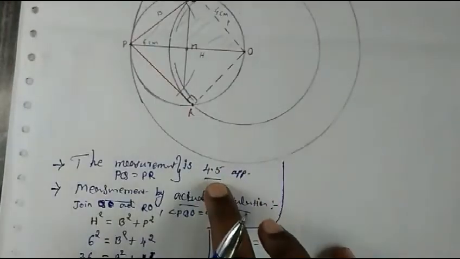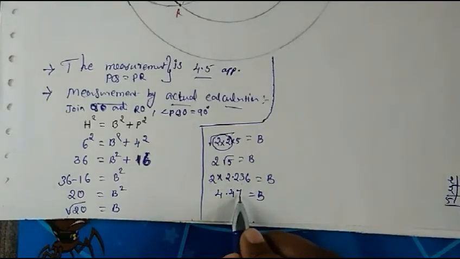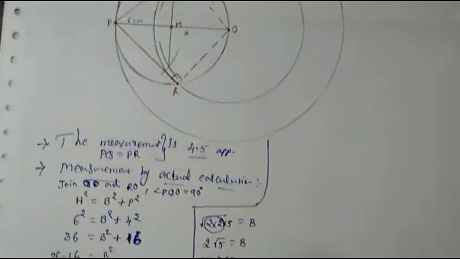By actual calculation, we are getting 4.47. But if we make it into a round figure, because the next digit is more than 5, we can get 4.5. That's why we wrote here approximately.